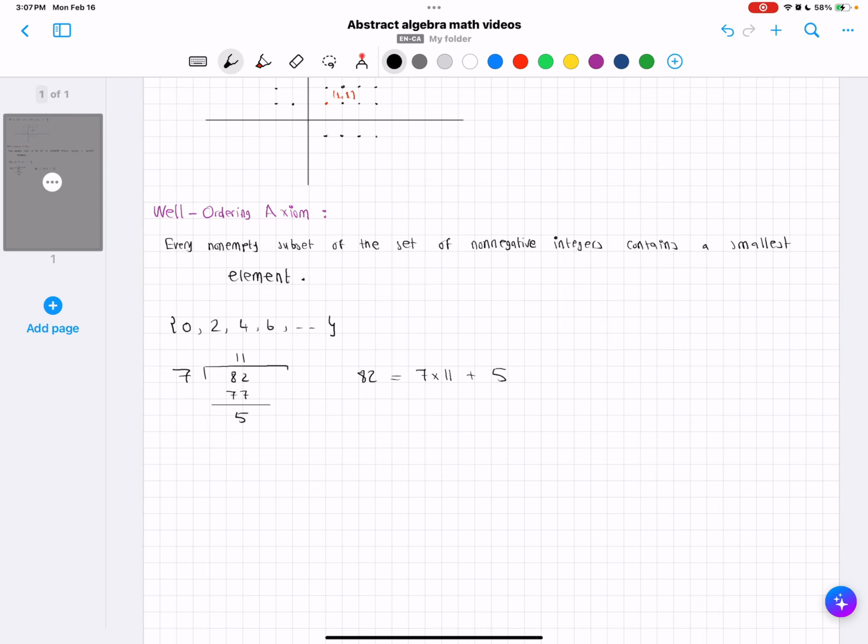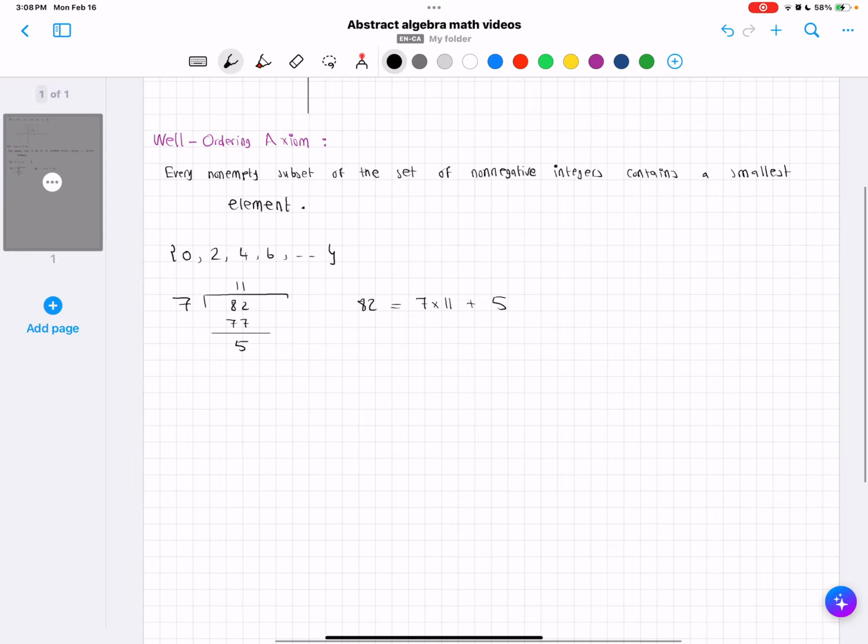We expect the remainder to be less than 7, because if it was bigger than 7, we could decompose it into something less than 7 and a bunch of 7s, and we would end up with 7 multiplied by a number plus something less than 7. That's the main core reason.